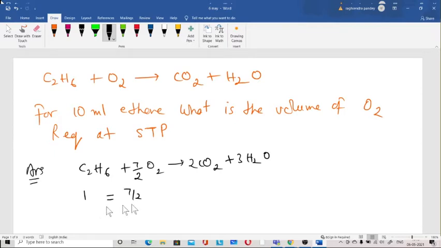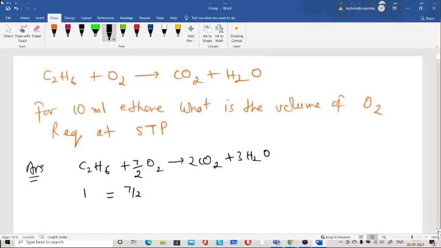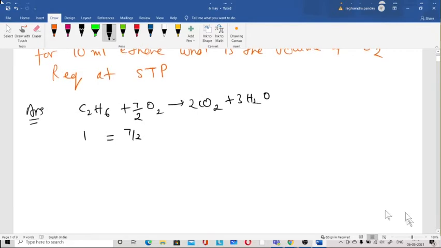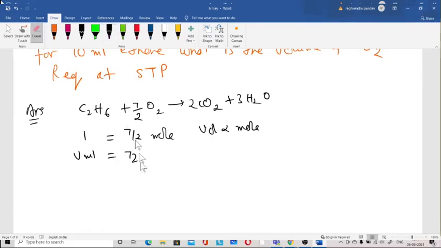That is in mole. Now volume, I told you yesterday, volume is directly proportional to mole. So V mL will also be equal to 7 by 2 V mL.